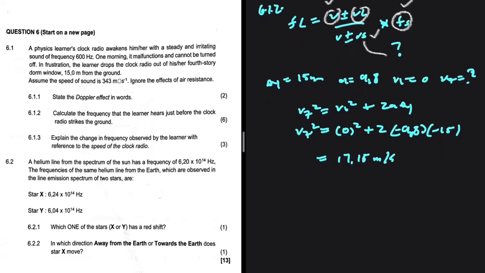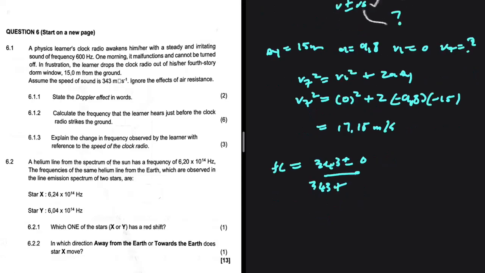So we can go ahead and substitute now. FL is equal to (343 plus or minus 0) divided by (343 plus the velocity of the source). The source is moving away, so we're supposed to have a plus sign on the denominator. So plus 17.15.